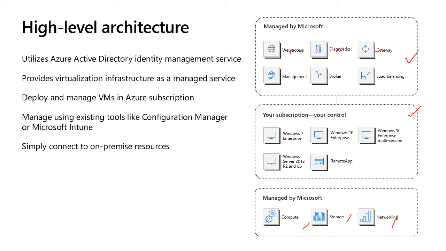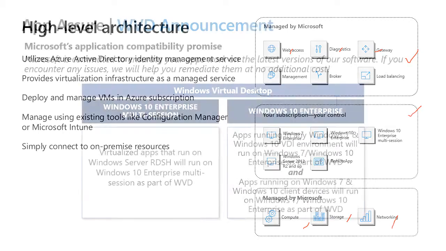And practically the only thing you need to do is set up access privileges on which users and what type of desktops and profiles they will require. The very typical day-to-day administration of remote desktop environments from a user's administration standpoint. But for the back end and managed services, you don't have to worry about that anymore. It's Microsoft that's taking care of that. So you manage using existing tools such as Configuration Manager, Intune, and so on.